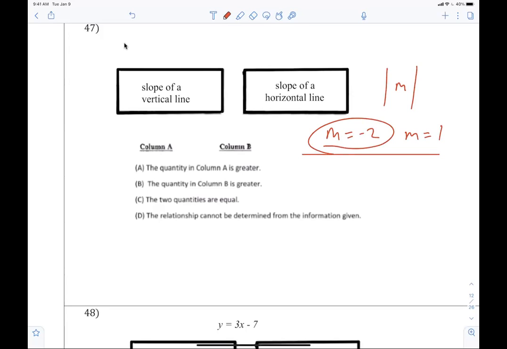So technically you're right. Something that's undefined, we can't compare that to 0. But in this case, we're just talking about the slope of the actual line. As the slope moves away from 0, whether in a positive or negative direction, it's getting bigger. Hopefully that made sense. Not a big deal, though.